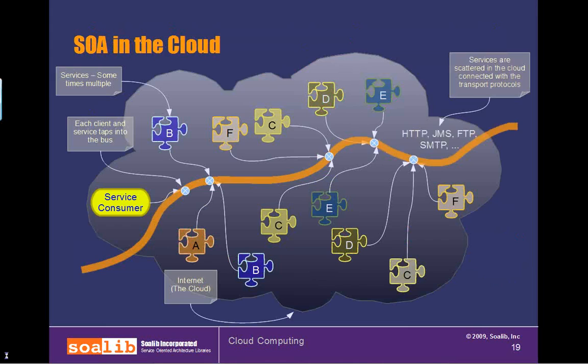SOA in the cloud. Service-oriented architecture is tied to ESB, Enterprise Service Bus. The orange line you see at the center may be considered as ESB. Each ESB appears as a port on a network which is connected to the internet.